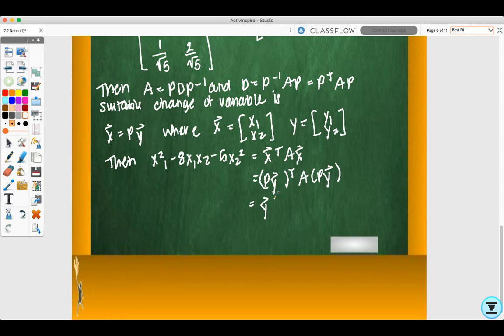This would be the same thing as y transpose P transpose A Py.